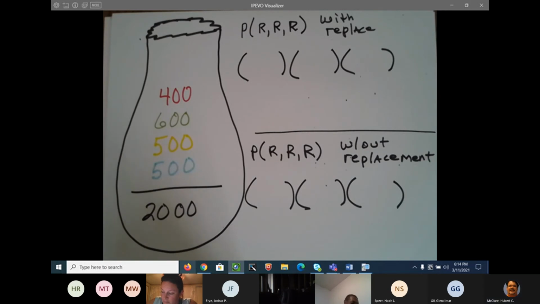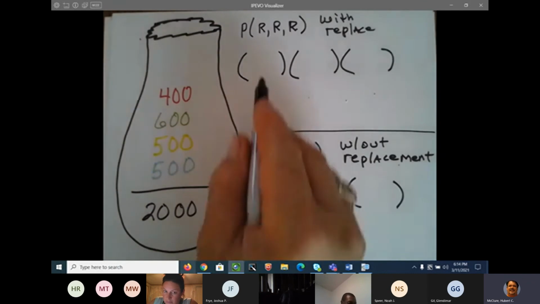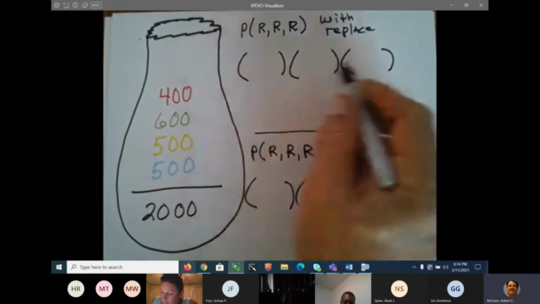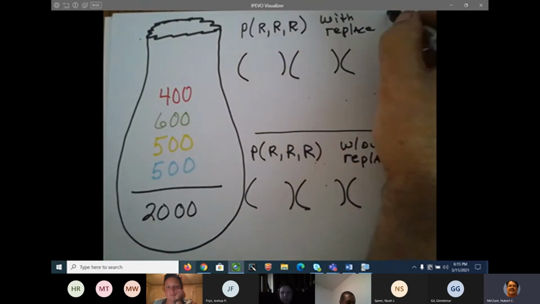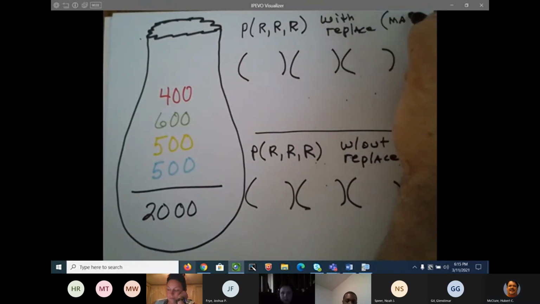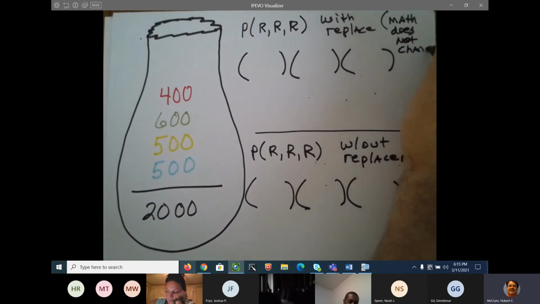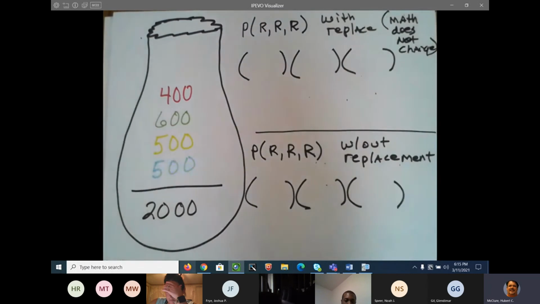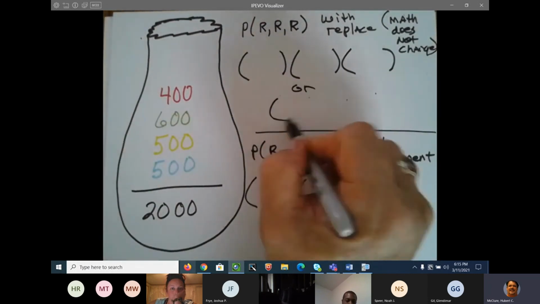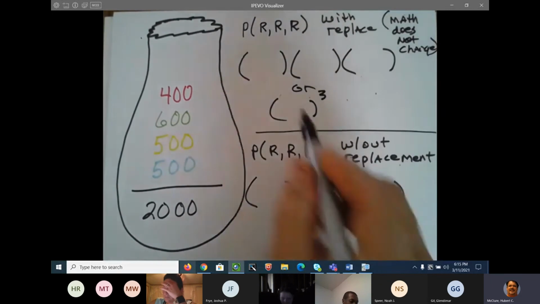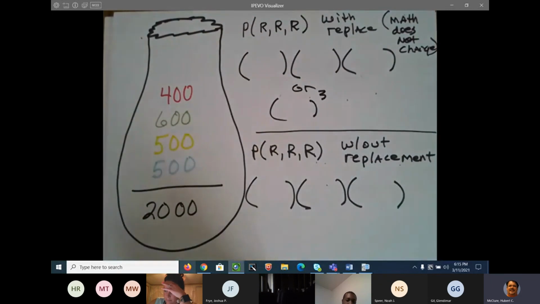So, all right. Here we go. This up here, we can take those 3 since it's with replacement. Since the math does not change, since we put that marble back in the bag, we can say parenthesis to the 3rd power instead of doing this, but we're going to fill it out in other words.